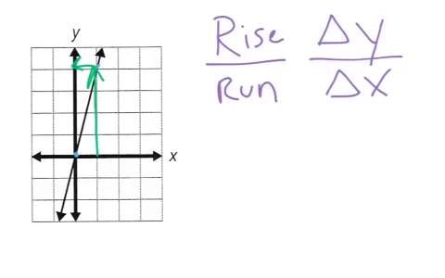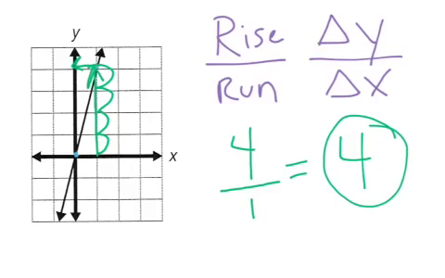On this graph, our rise, our change in y, is a +4. 1, 2, 3, 4. And our run is 1. Our rate of change for this equation is 4. Now, remember, since the graph is going up, it's always a positive slope. Our rate of change for this particular graph is 4.